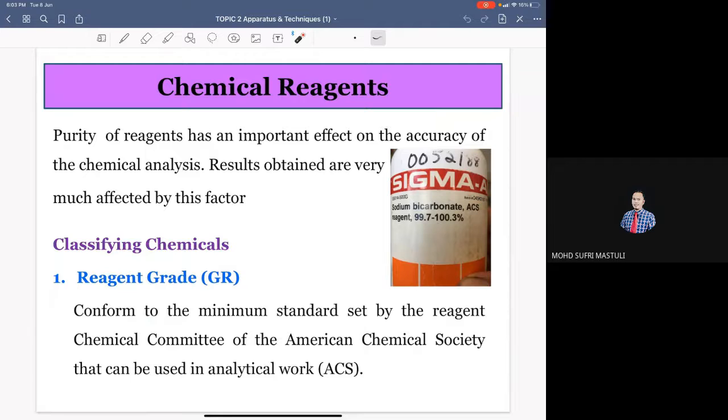We can classify chemicals into several classes. The first one is reagent grade. Reagent grade, GR, normally conforms to the minimum standard set up by the Reagent Chemicals Committee of the American Chemical Society.